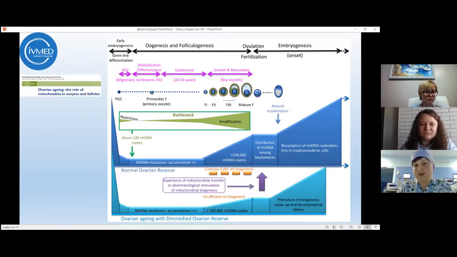In our laboratory, we have some instruments to help such people with a lower mitochondrial level. We can do donation of cytoplasm or pronuclear transfer. It's a very experimental technique, but it shows really good results.